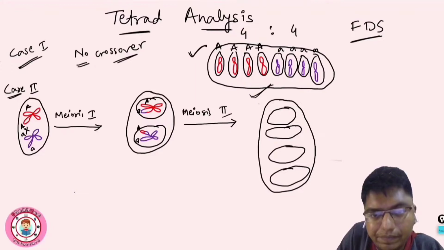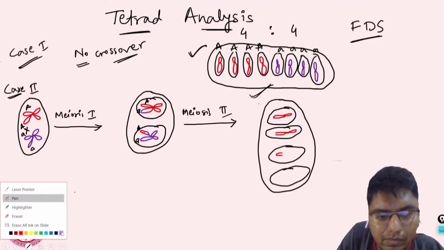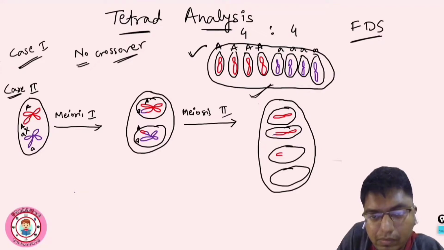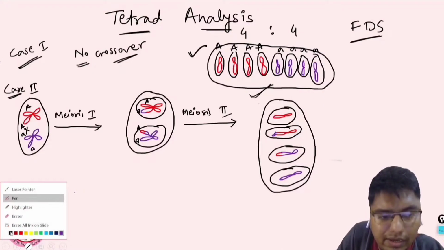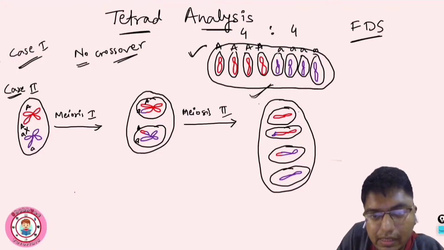So these are again capital A, small a, capital A, small a.